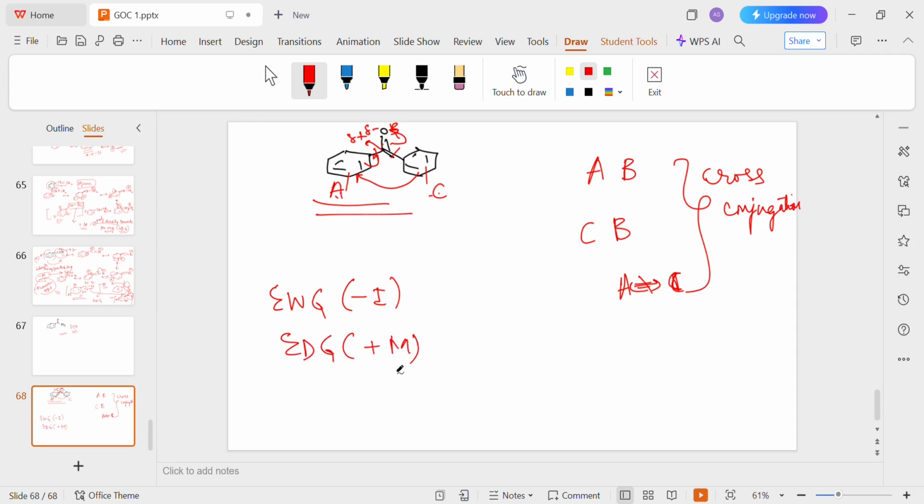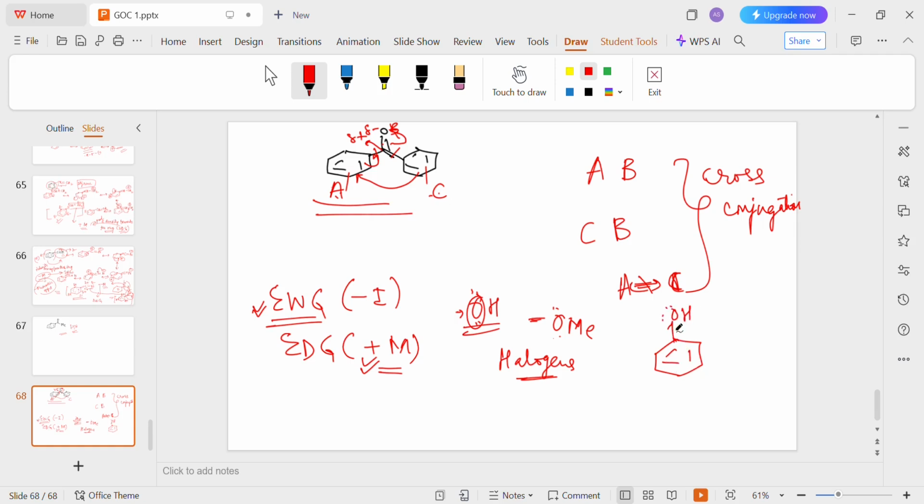There are some groups which act as electron withdrawing in inductive effect, but when you talk about resonance they show a +M effect. Examples of such groups are hydroxide, OMe, ether groups, and also halogens. Whichever groups have a lone pair, halogens all have lone pairs, they show +M. But because they are electronegative, their electron withdrawing nature also remains.